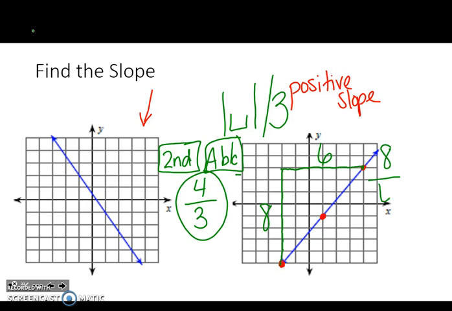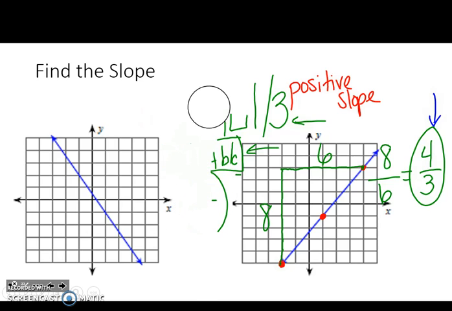So rise over run, and we should be punching in 8 ABC 6, but it's going to give us this mixed number again. We can't have a mixed number, so I'm going to hit second and then the ABC button again, and look, it reduces to 4 over 3. So you have to make sure that it's simplified, but you also have to make sure that it's written as a fraction. It cannot be a mixed number. It has to be written as a fraction or a whole number.